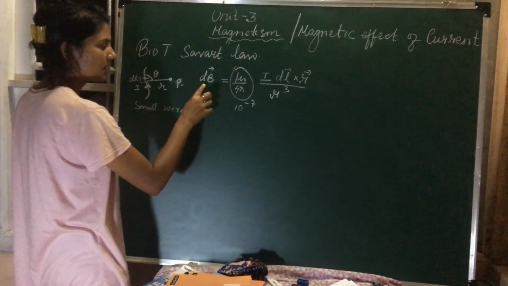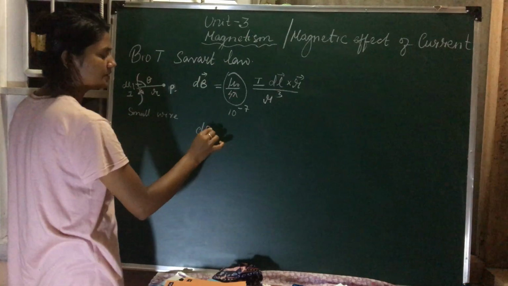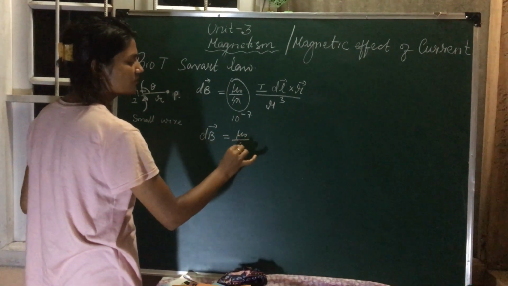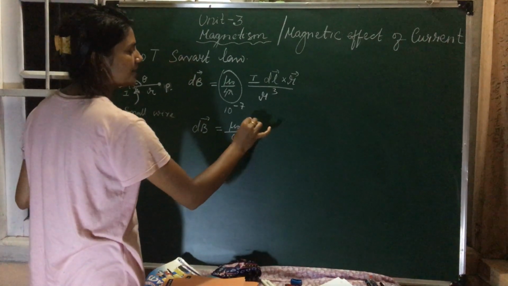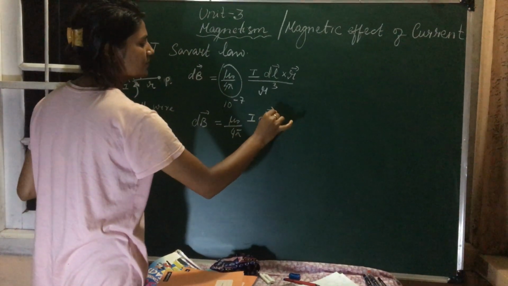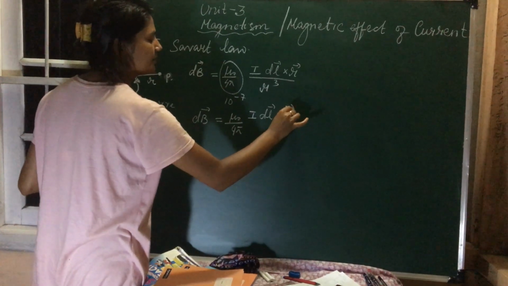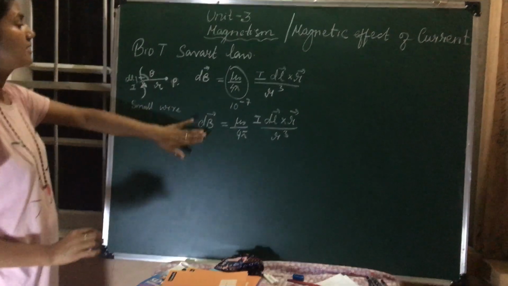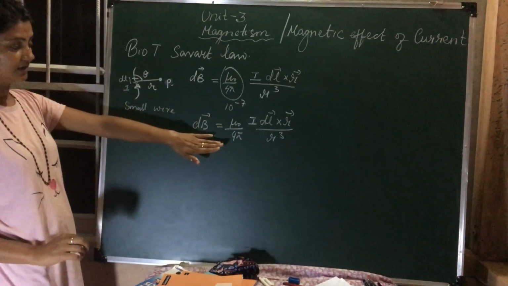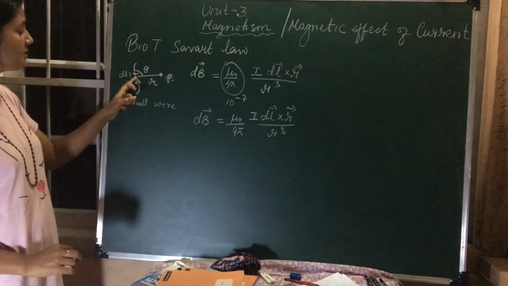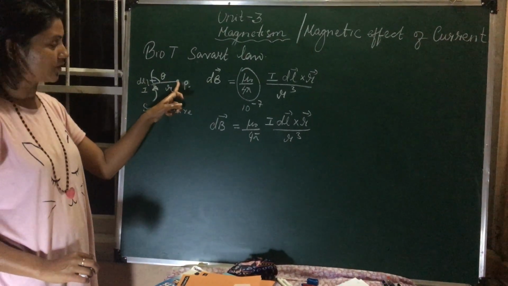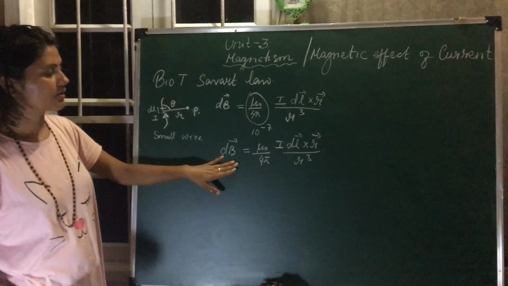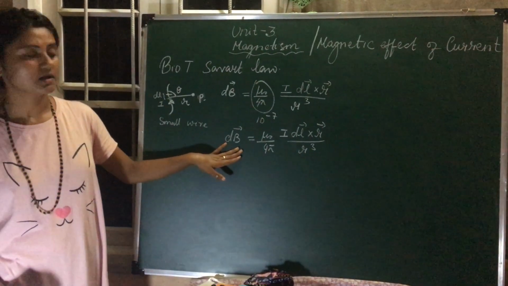So dB becomes mu 0 by 4 pi, I dl cross r by r cube. This law means Biot-Savart have given a means to find the magnetic field at any point due to a small elemental length, and this law is known as the Biot-Savart law.